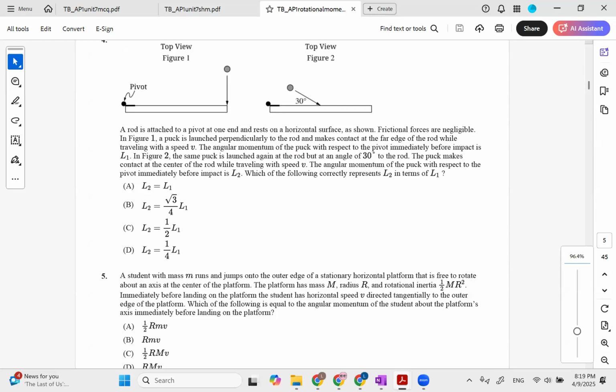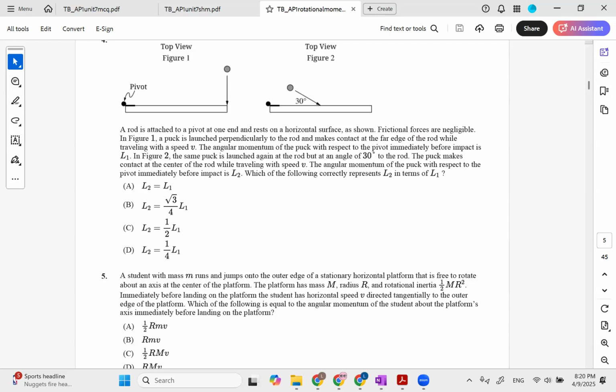A rod is attached to a pivot at one end and rests on a horizontal surface as shown. Frictional forces are negligible. In figure 1, a puck is launched perpendicularly to the rod and makes contact at the far edge of the rod while traveling with a speed v. The angular momentum of the puck with respect to the pivot immediately before impact is L1.